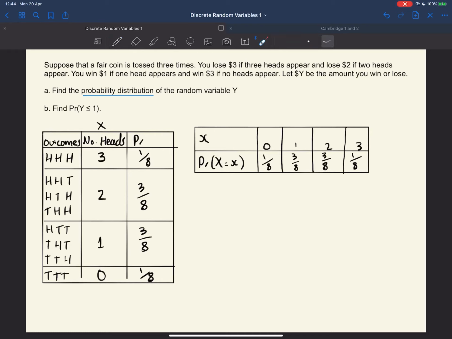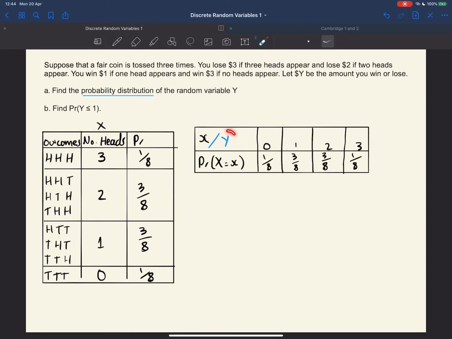But we're not after a probability distribution of the random variable x. We're after a probability distribution of the random variable y, which is the number of dollars you win or lose. So in order to do this, we need to change this to a y. And how do we change this to a y?